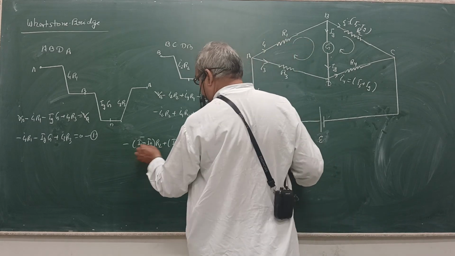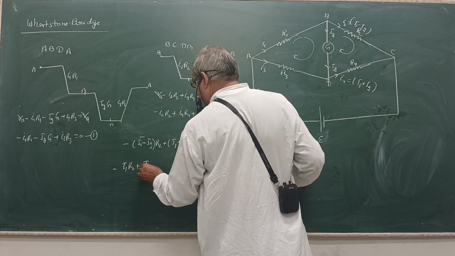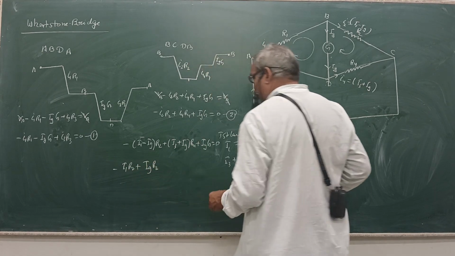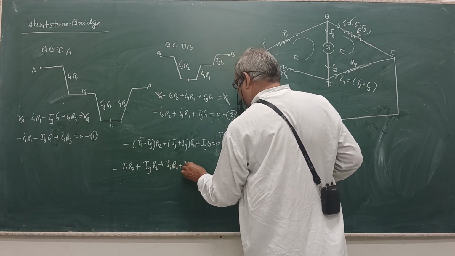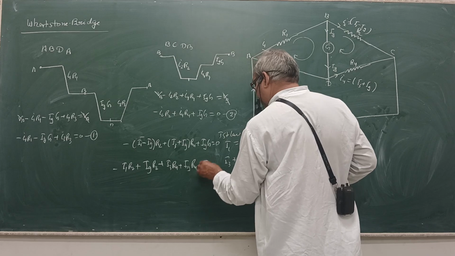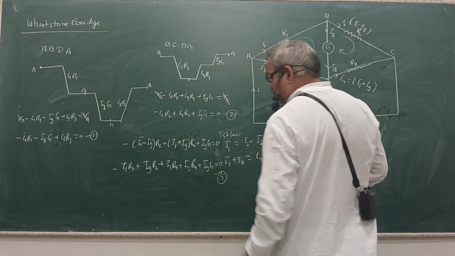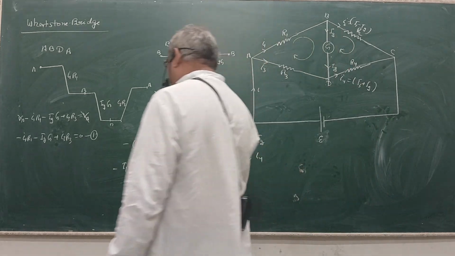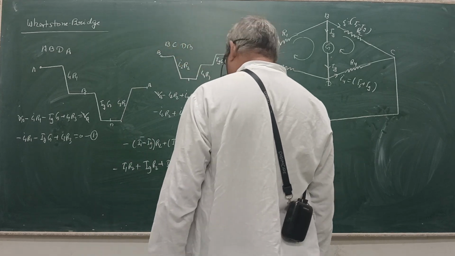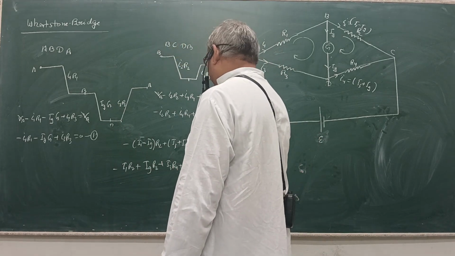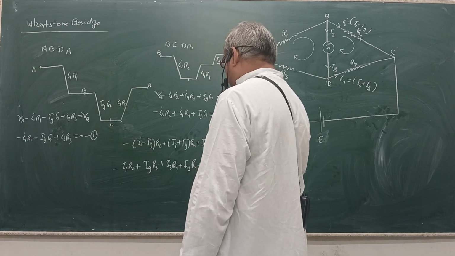Multiplying both, the equation is I1 R2 plus IG R2 plus I3 R4 plus IG R4 plus IG into G is equal to 0. This is the third equation: I1 R2 plus IG R2 plus I3 R4 plus IG R4 plus IG into G.